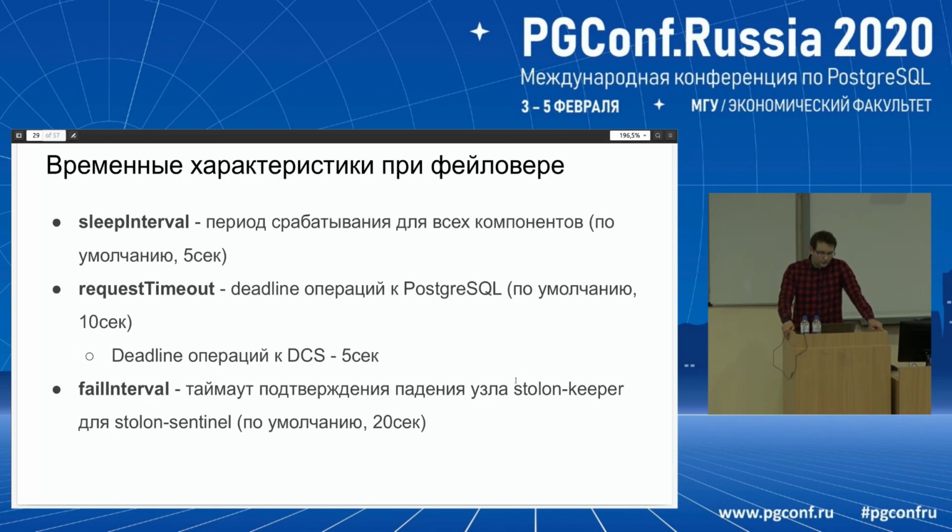Sentinel captures this event, but failover doesn't start immediately. It will start after this fail interval, just to make sure that the node is really out of order, out of service. But also you have to take into account that if a node is neither dead nor alive, this fail interval will start from the beginning.